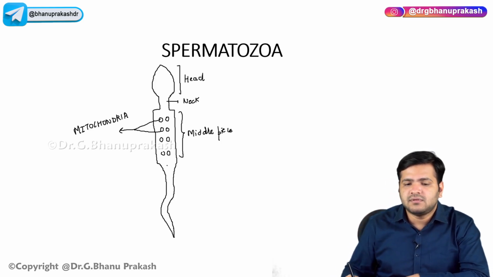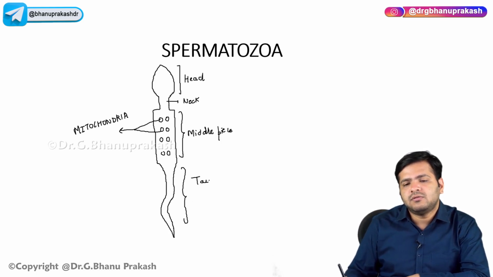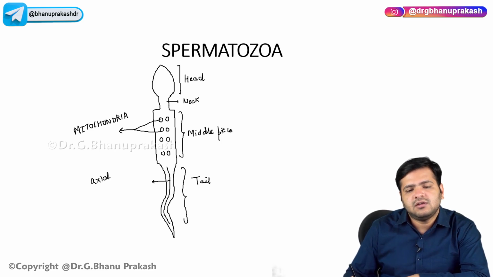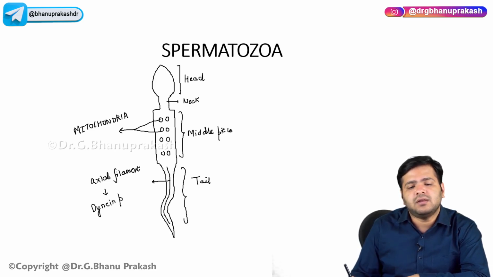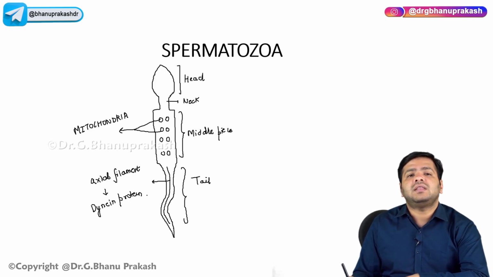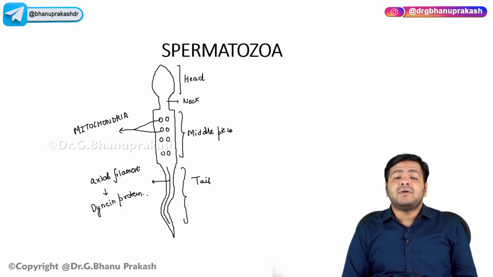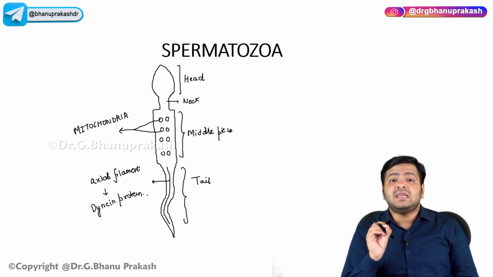Then we have this tail part, and in the tail part you can see that we have this axial filament. And remember, this axial filament contains a protein called the dynein protein. And remember, this dynein protein is very important.